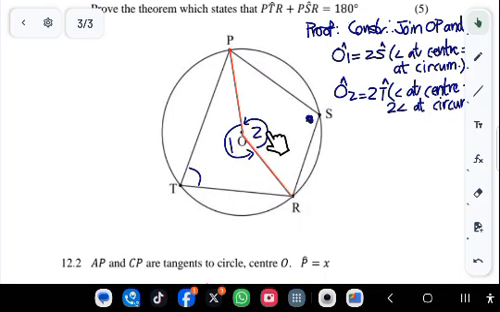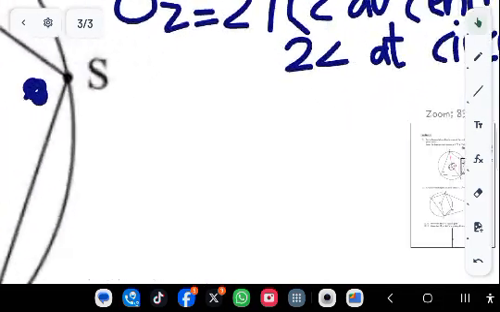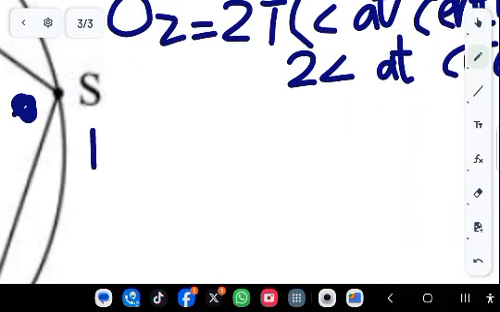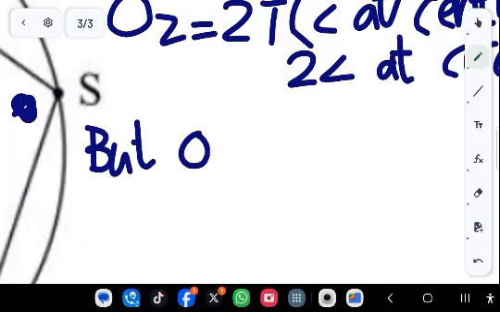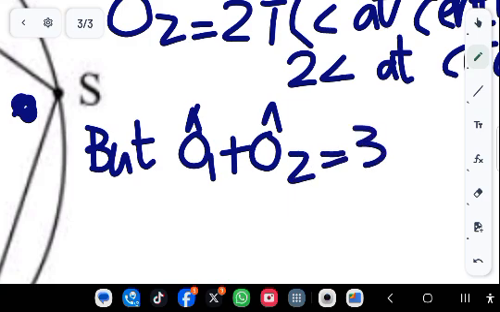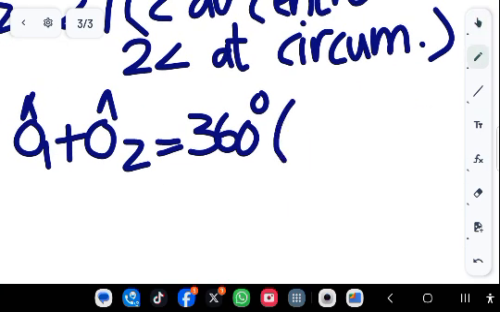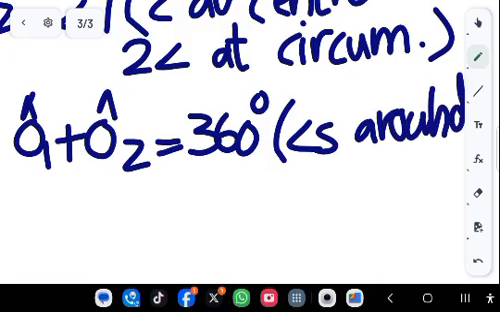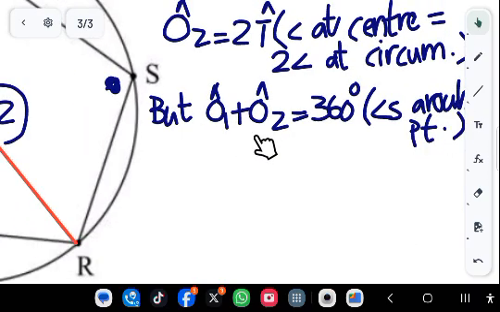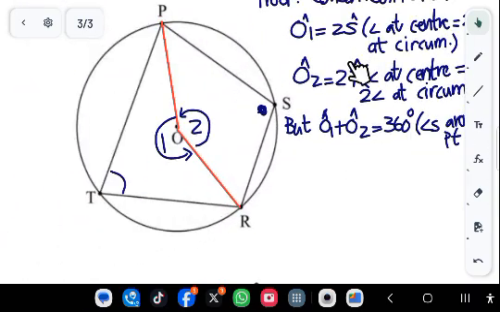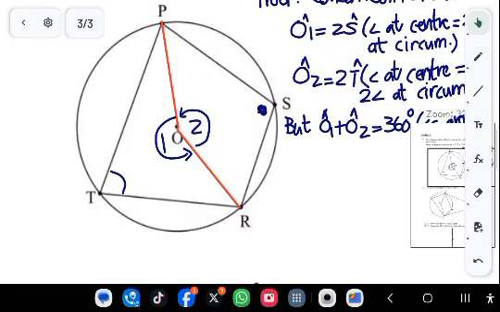The sum of O1 and O2 is equal to 360 degrees, and the reason is angles around a point. Therefore, now let's substitute O1 for 2S and O2 for 2T.